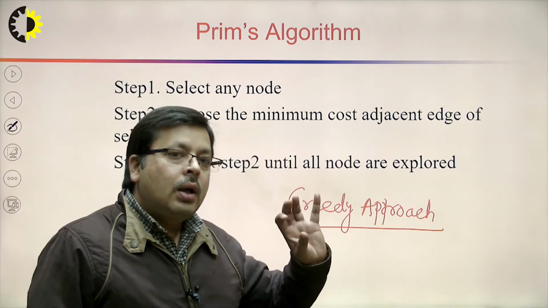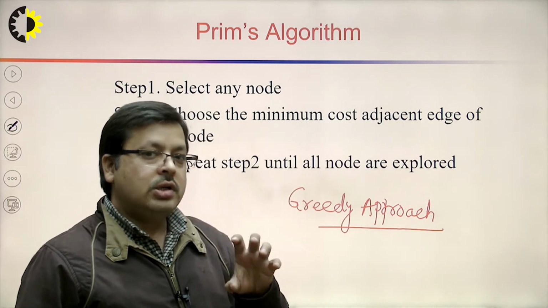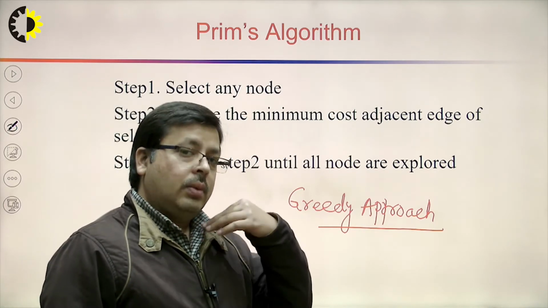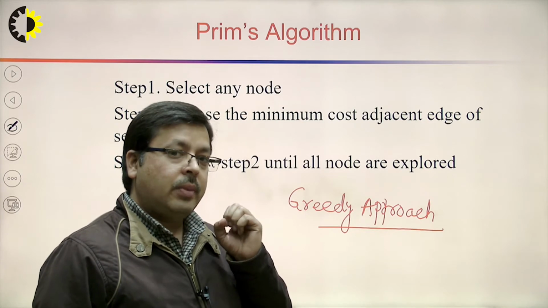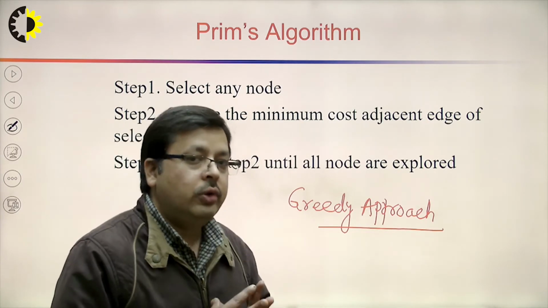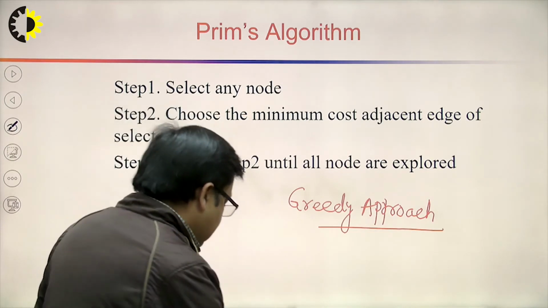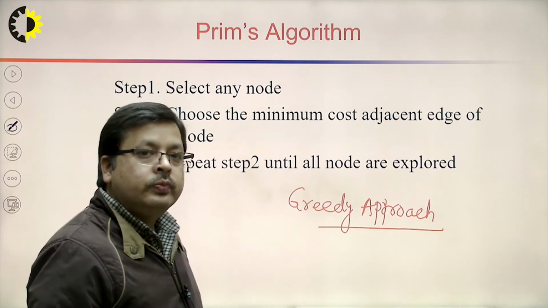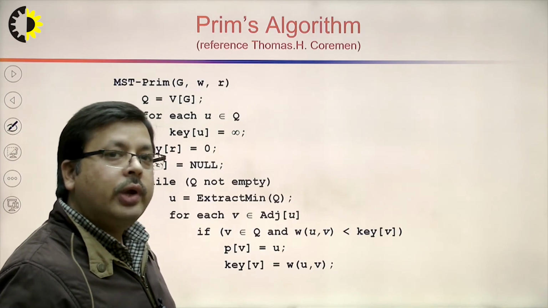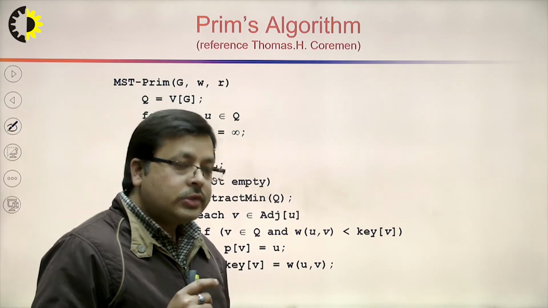We pick a particular choice and judge that choice on some parameters, and if the choice passes those parameters, we add it into our solution. So this is the greedy approach, and Prim's algorithm is based on it. Let us discuss the algorithm. This is the whole algorithm which defines Prim's approach.